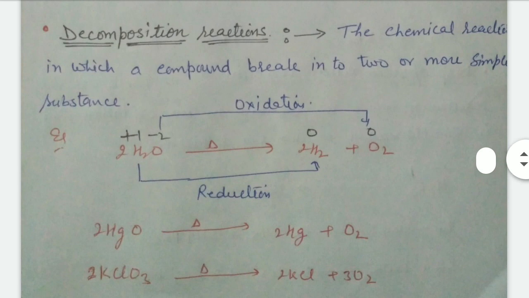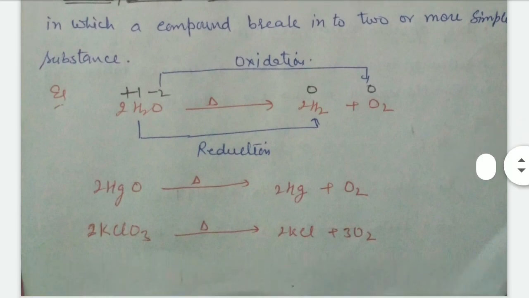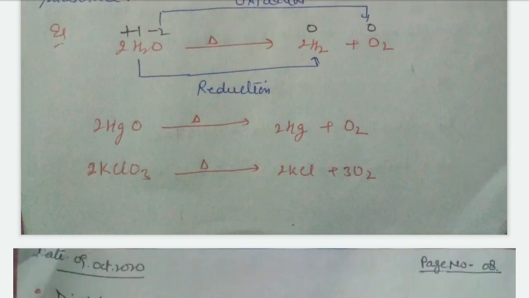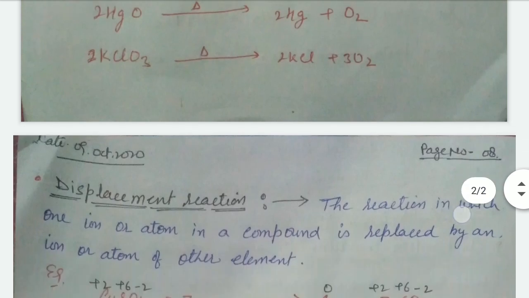Like this, H2O is heated to decompose into H2 and O2, right? Also, mercuric oxide is heated to decompose into mercury and oxygen. Also KClO3 decomposes into KCl plus O2, right?